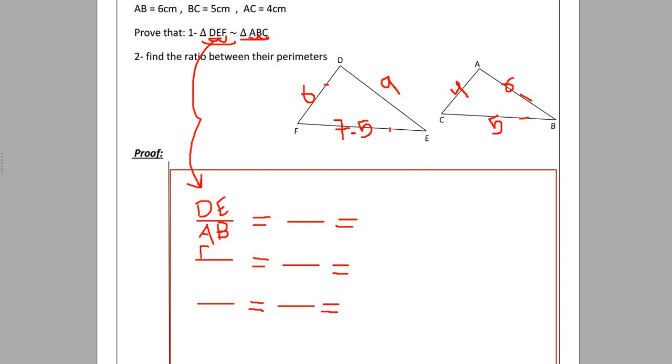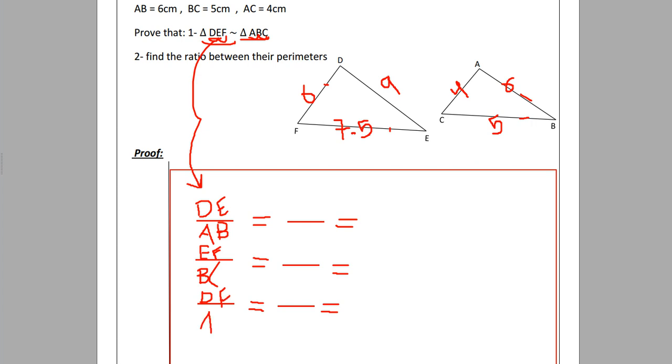EF over what? Excellent, EF over BC, and then DF over AC.